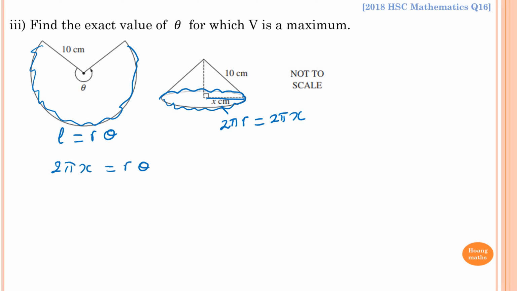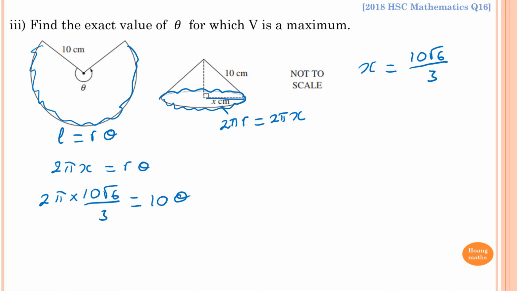Of course, from the previous part, we know that x is equal to 10 root 6 over 3. So now we just substitute the value in. So 2 pi times 10 square root of 6 over 3 is equal to r, which is 10, times theta.